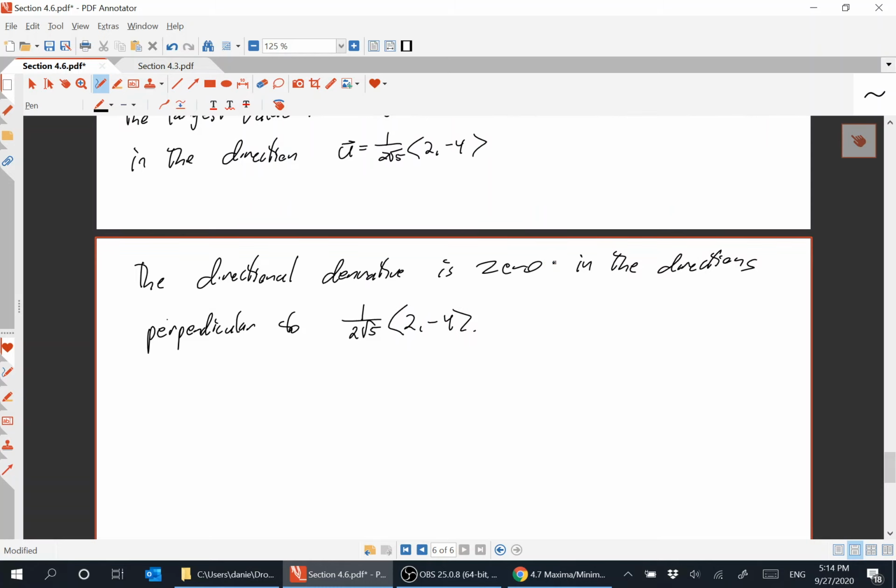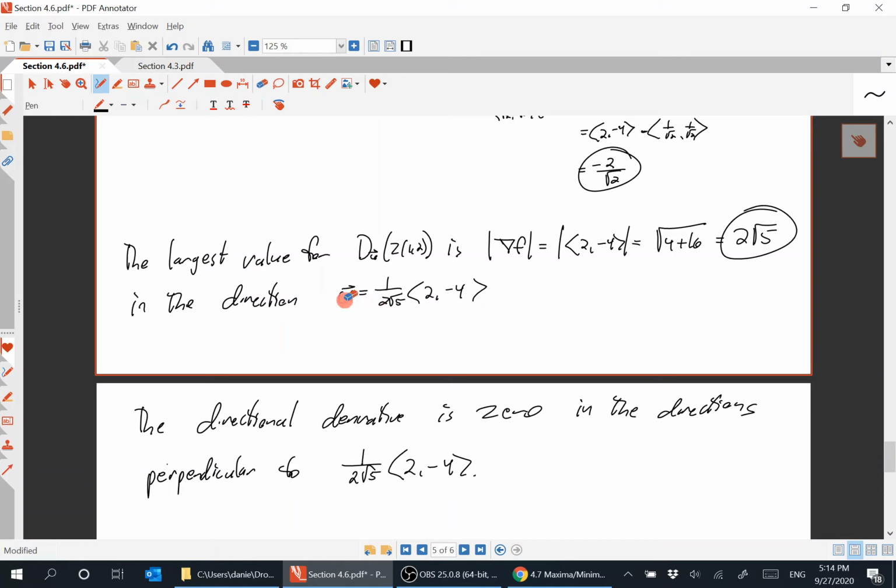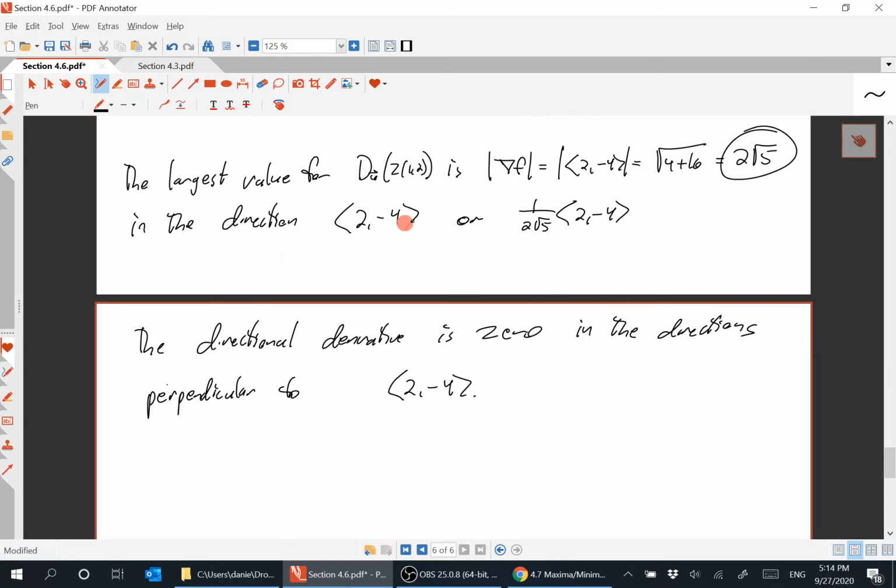Now by the way, you don't have to state it as a unit vector. You could just say it in this direction, in the direction (2, minus 4), or 1 over 2 root 5 times (2, minus 4). That's just the same direction, just making it a unit vector.